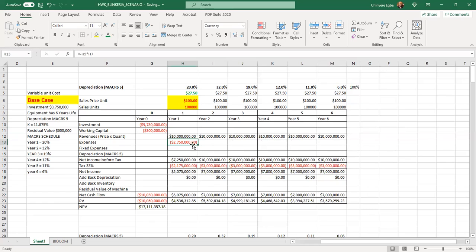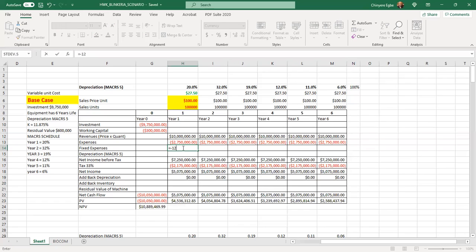Okay, so take it down there. All right, fixed expenses will be 1259 according to the problem. Okay, so minus 1259 as fixed expenses.